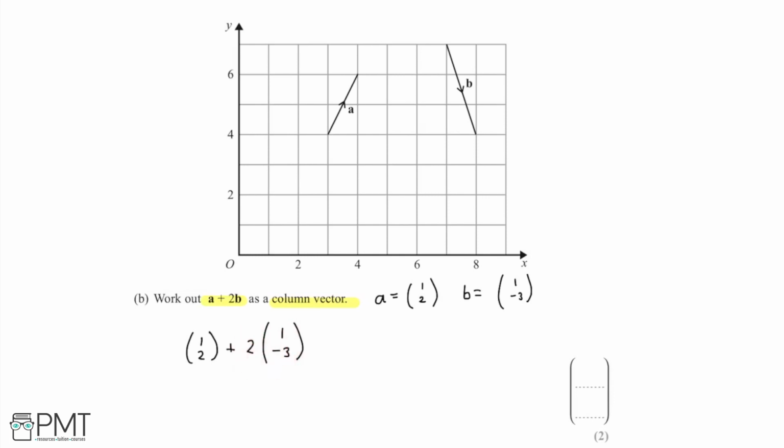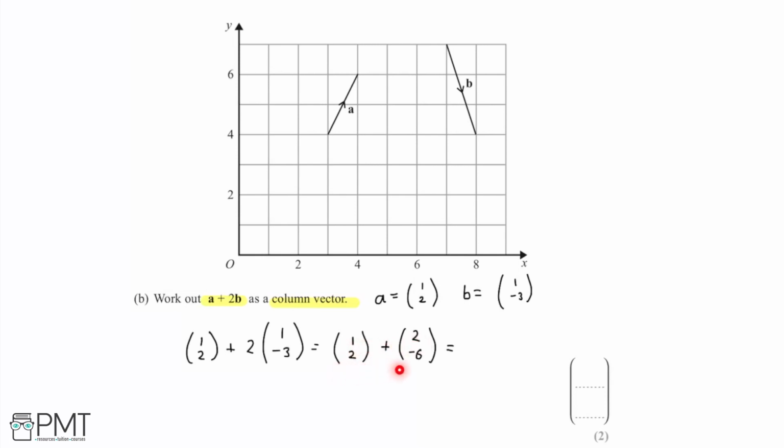So in effect here, I have 1, 2 plus 2 lots of 1, which is 2, and 2 lots of -3, which is -6.